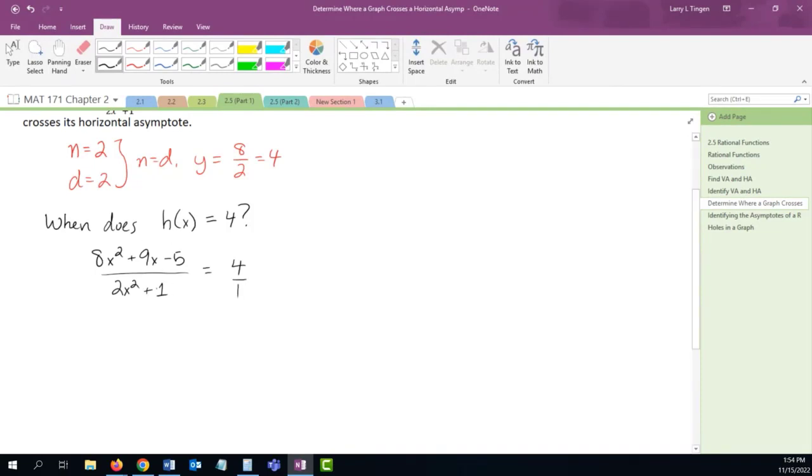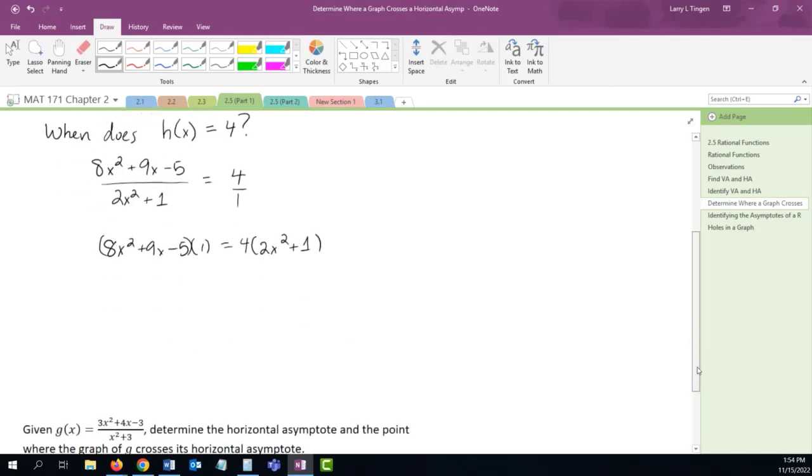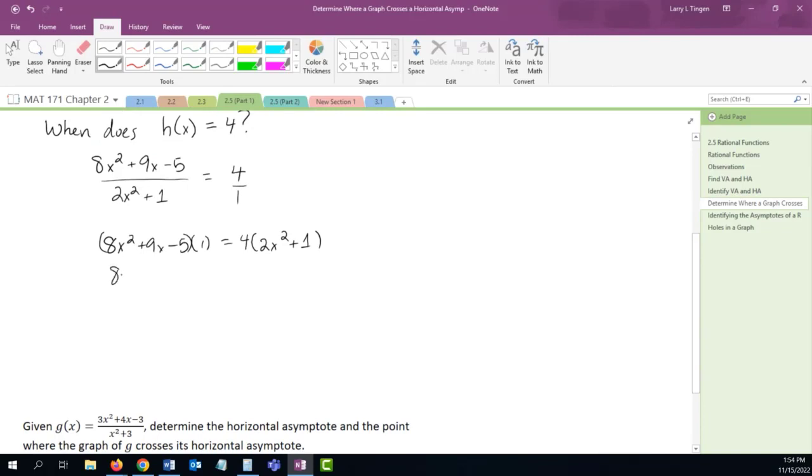So if this rational function equals 4, then 8x squared plus 9x minus 5 times 1 must equal 4 times 2x squared plus 1. This side doesn't change. And then on the right, it's 8x squared plus 4.